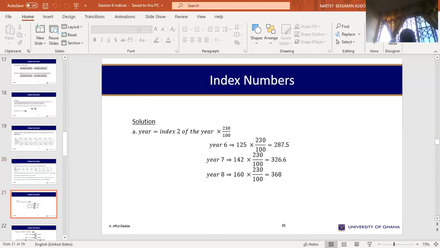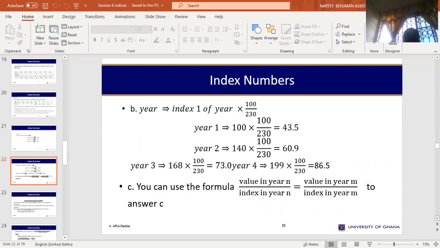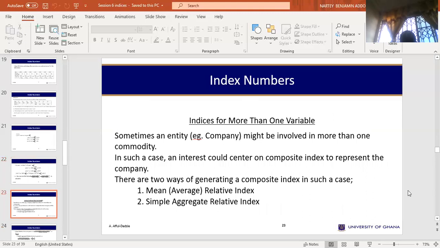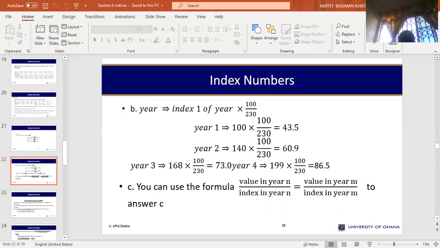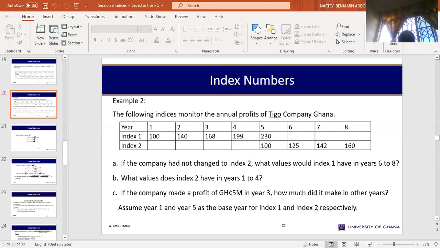All right. Then for the second one, it is also 100 over 230. So we have 100, we have 140, 168, and then 199.